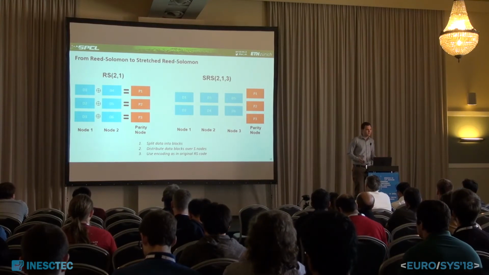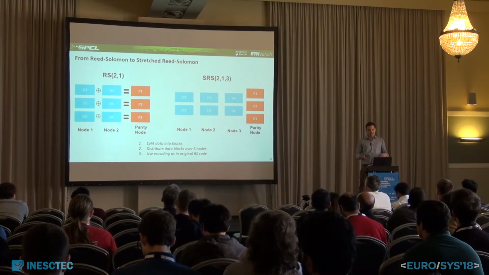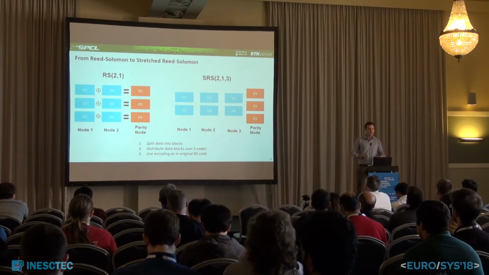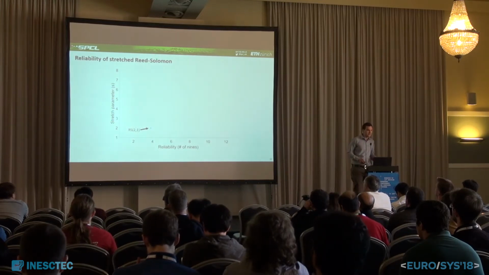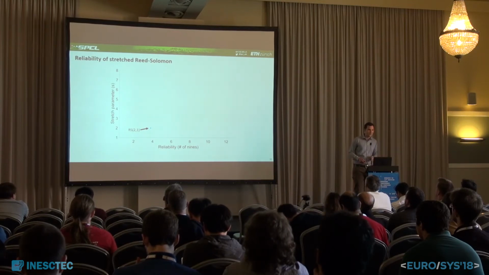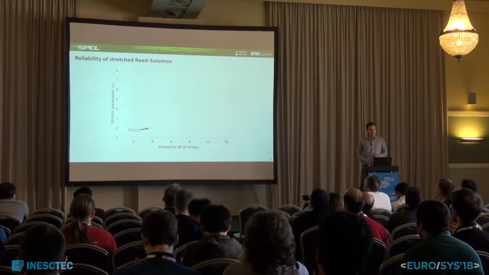Since we increase the number of machines, the probability of a single failure has to increase, and we'd like to study how it influences reliability. So we performed a reliability analysis based on a continuous-time Markov chain model, and here you can see the reliability of Reed-Solomon 2,1.